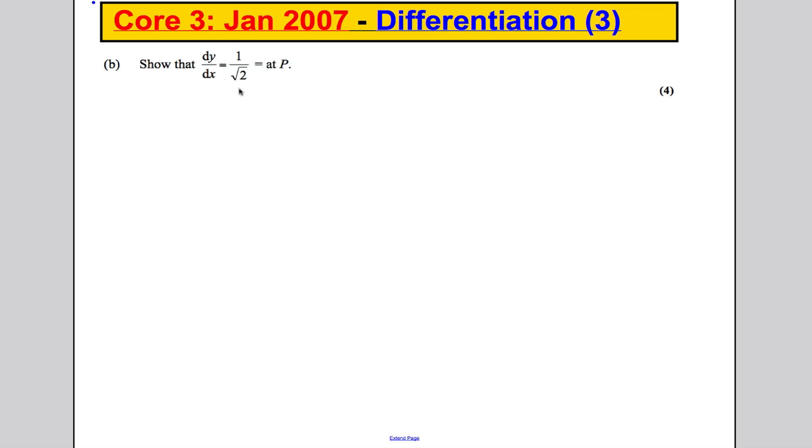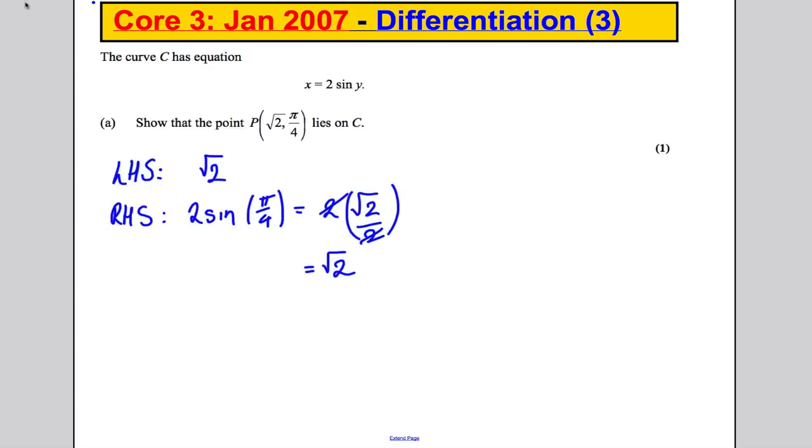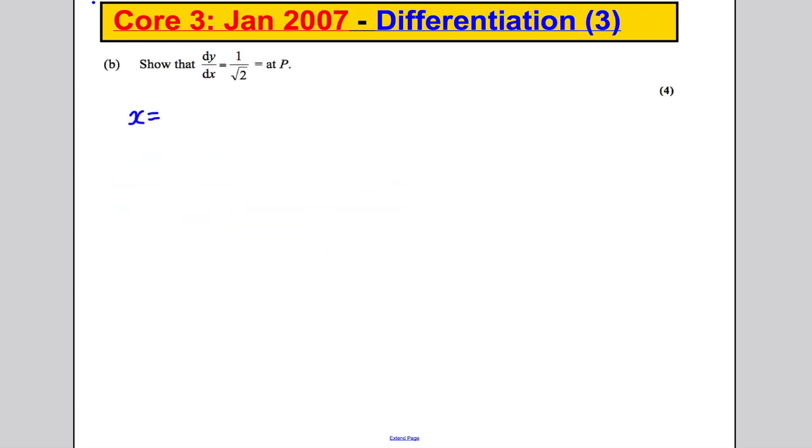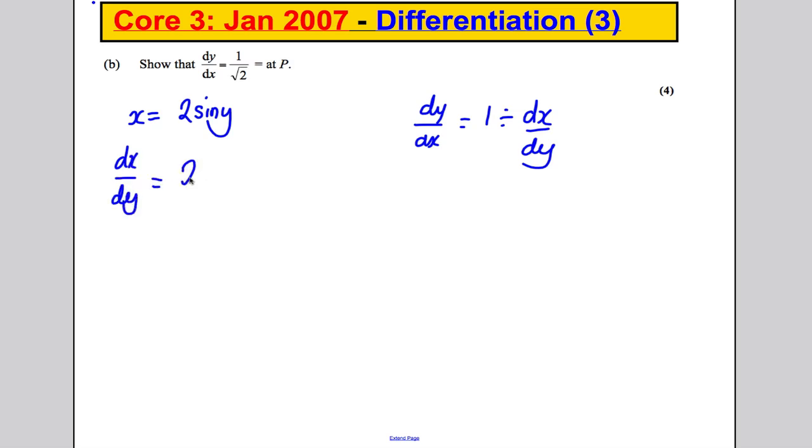It asks you to show that dy by dx is 1 over root 2 at P. So we know that x is equal to 2 sine y. Now x is the subject of the formula here, so we're not going to be able to work out dy by dx very easily. We're going to have to use the rule that dy by dx is 1 divided by dx by dy. Whenever we see y the subject of the formula, that's what we do. We differentiate both sides with respect to y here. So we get dx by dy is 2 cos y.